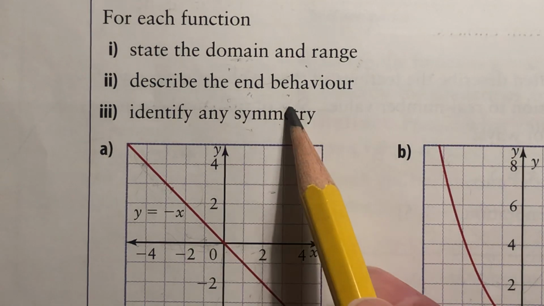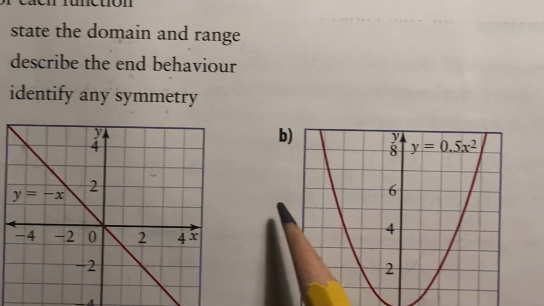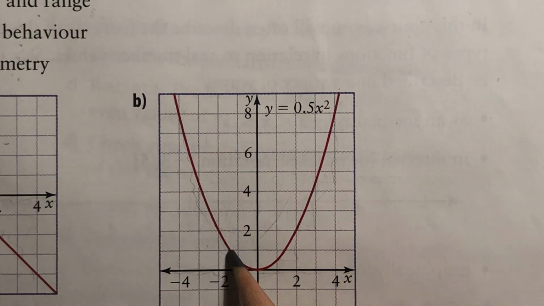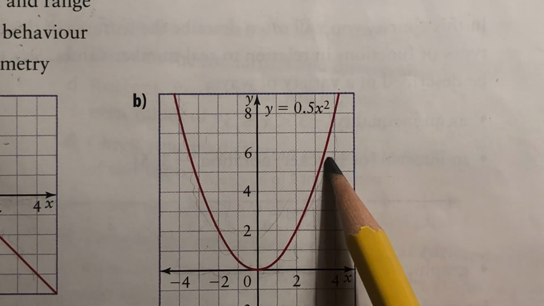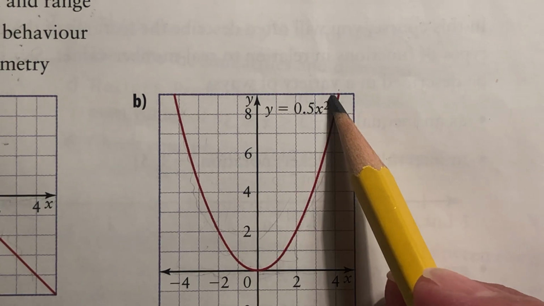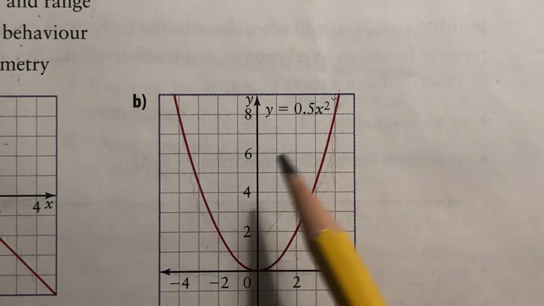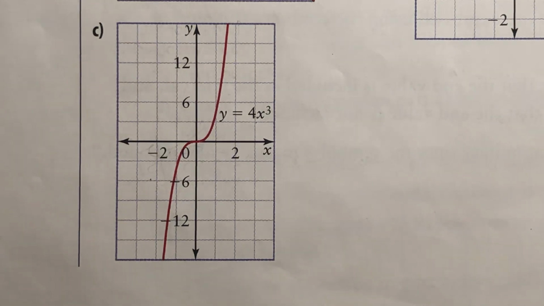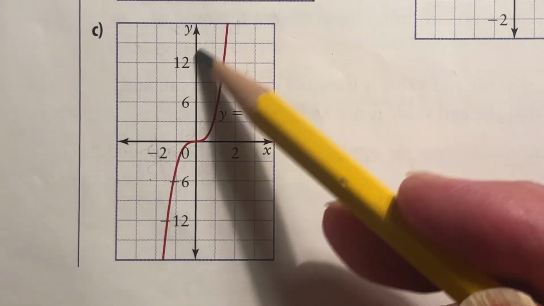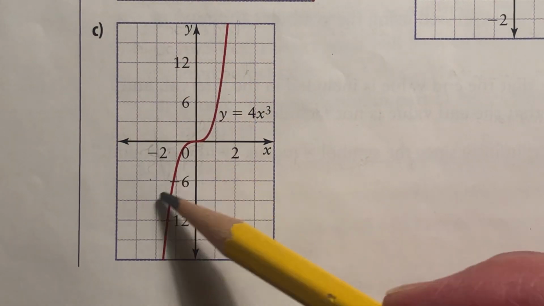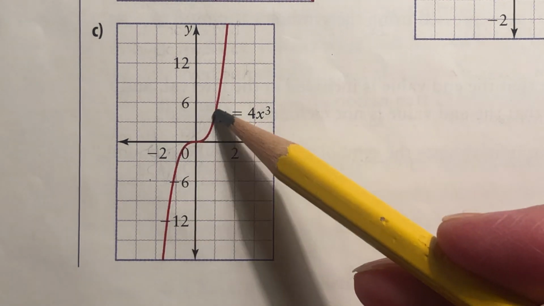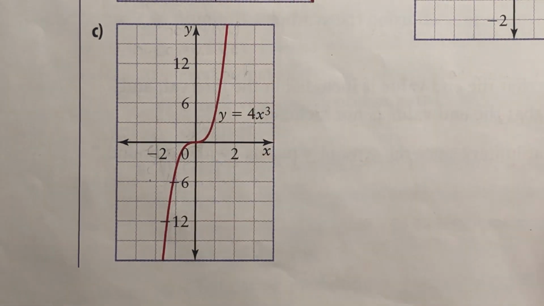That's called end behavior. For this one, you start from the second quadrant, you end at the first quadrant. So from second quadrant to first quadrant, that's the end behavior. And this one, you start from the third quadrant, you end at the first quadrant. That's the end behavior.